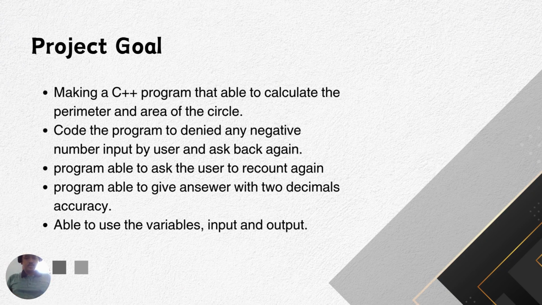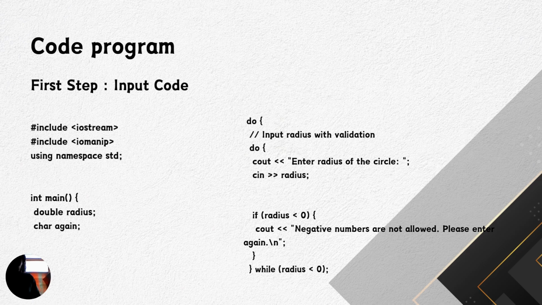The first step of coding the program is coding the input. Because we want decimal numbers, we need to make the input a double radius. If you use int, it will take the whole number only.